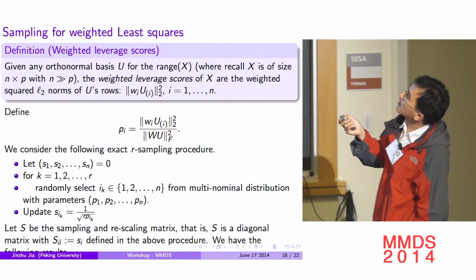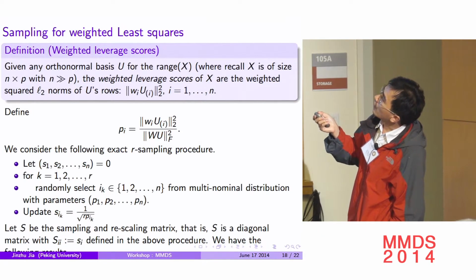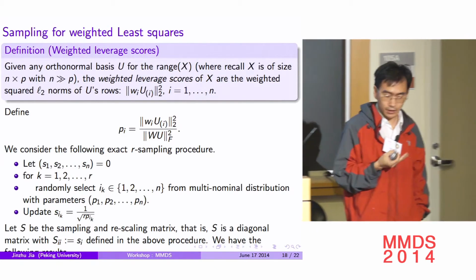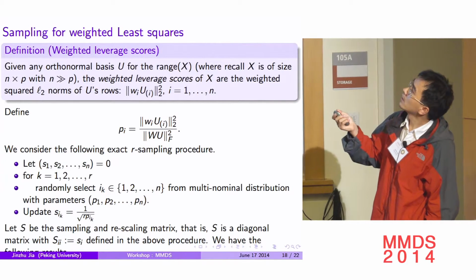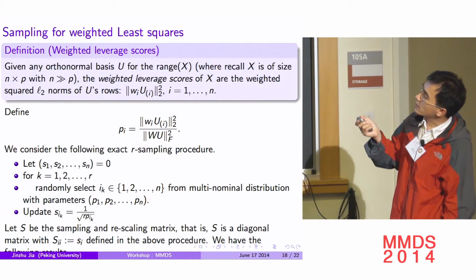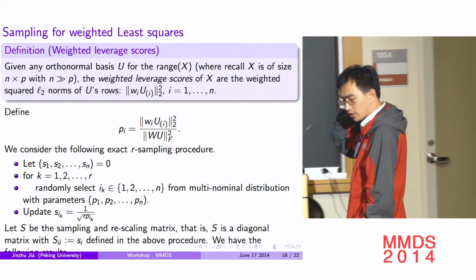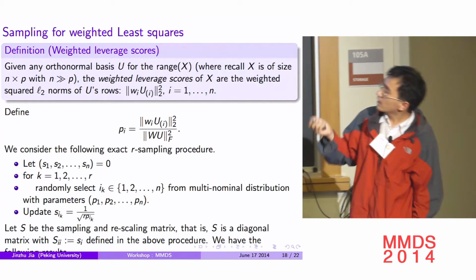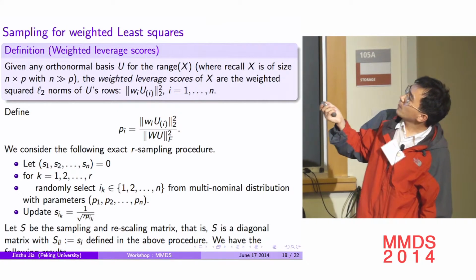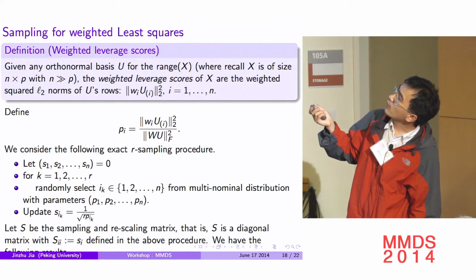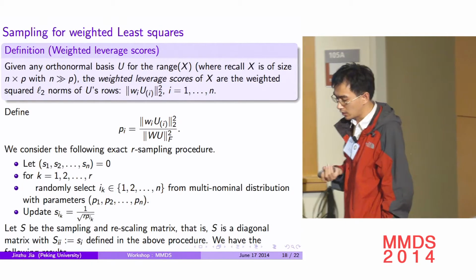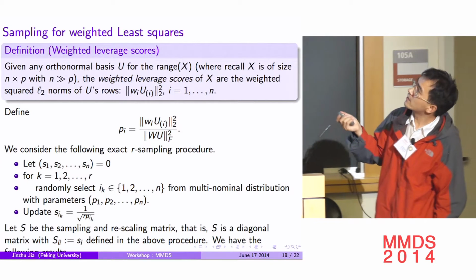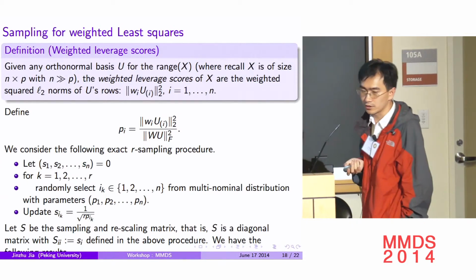It is defined as the weight times the rows of the left singular vector. So if we do it this way, then for each iteration in the iteratively weighted least squares, we just have to update this score. It depends on the weight and the original leverage score. So we only have to calculate the leverage score once and then update it for each iteration.